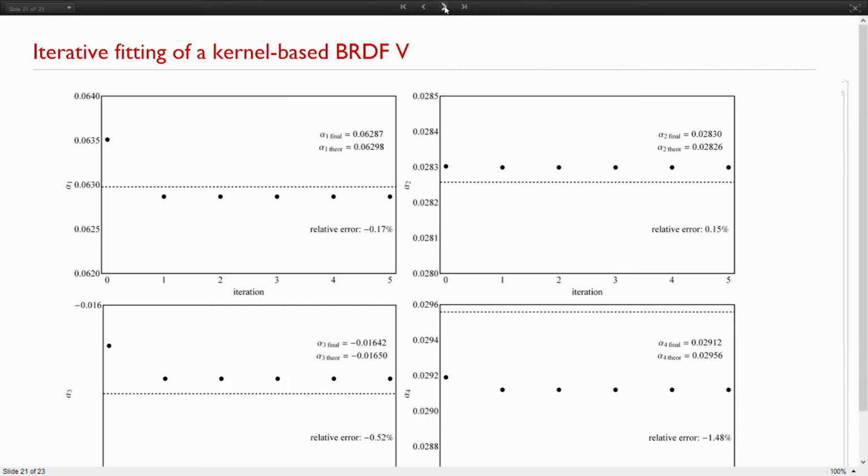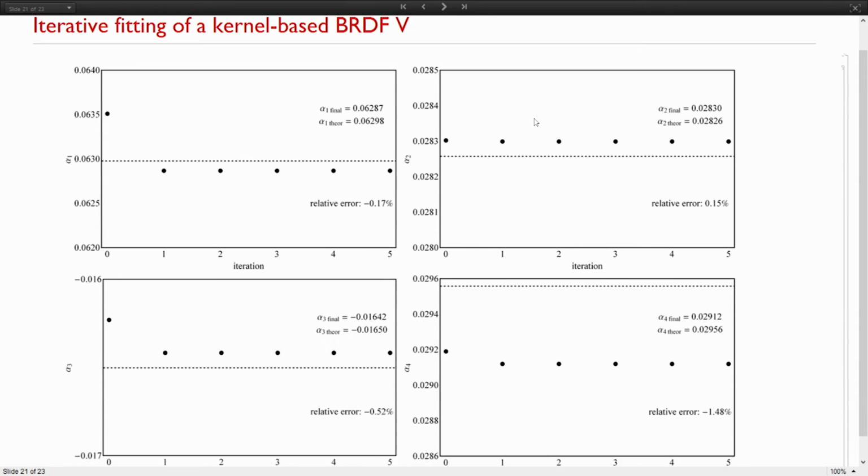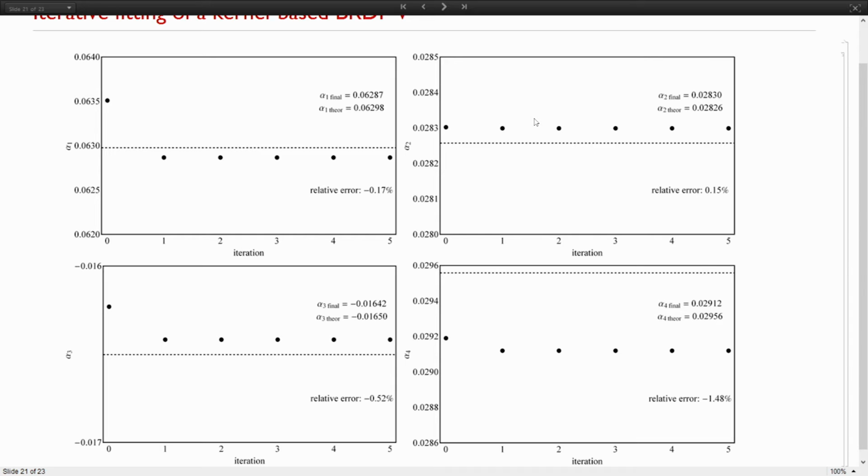And in this case, here is the comparison of my solution and theoretical values used to obtain reflected radiance with radiative transfer modeling. We can see that in the worst case of coefficient alpha 4, relative error is about 1.5%.